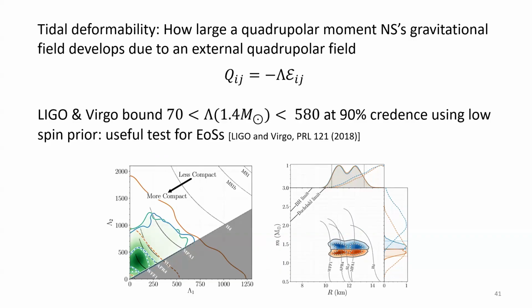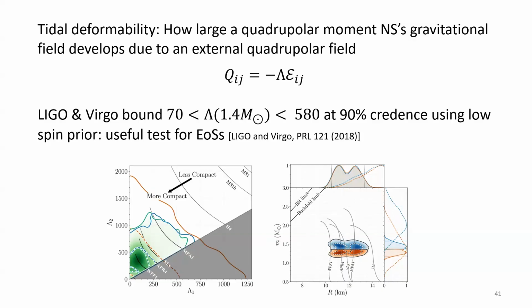So what one could take away from the LIGO and Virgo measurement was that the tidal deformability of a 1.4 solar mass neutron star is between 70 and 580 in these particular dimensionless units at 90% likelihood. And out of these two limits, the 70 is actually almost trivial. It's very difficult to come up with a viable equation of state that would predict a tidal deformability even lower than that.